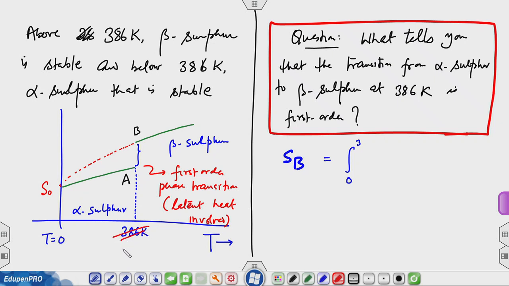This is 368 K. So this will be up to 368 K, Cp dT prime over T prime, where Cp is for the beta form.